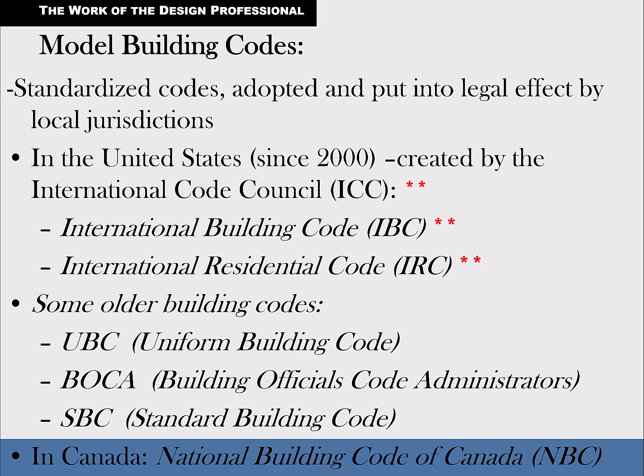That's for the commercial code, it's called the International Building Code, or the IBC. So you need to know these abbreviations: the International Code Council, ICC, and the International Residential Code is the IRC for residential construction.